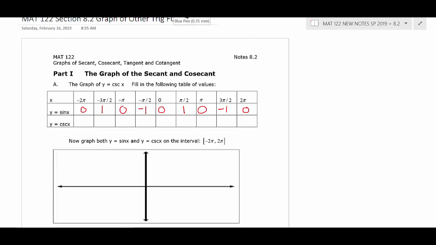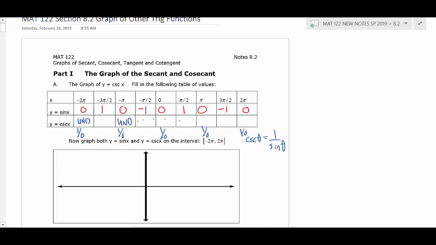The next thing you have to know is that the cosecant of an angle theta is just 1 over the sine of an angle theta. So we're just going to take the reciprocal of all these numbers, and you have to be careful. When you take the reciprocal of 0, what do you get? Something undefined, so you're going to end up with what we call a vertical asymptote.